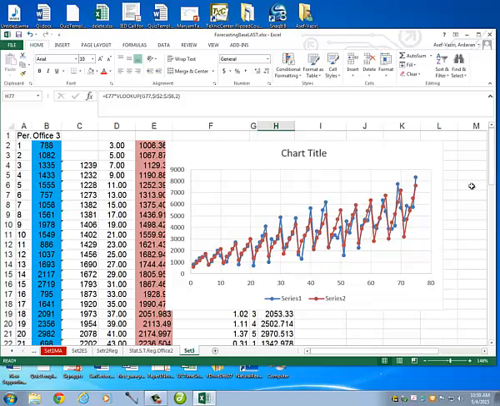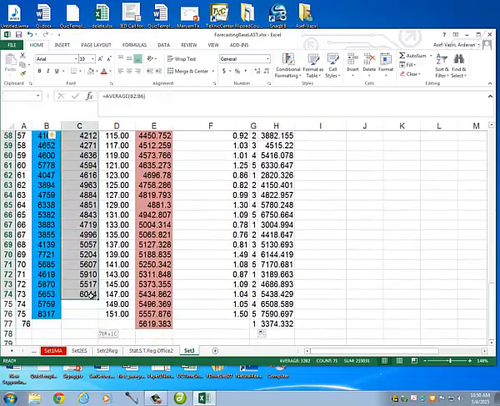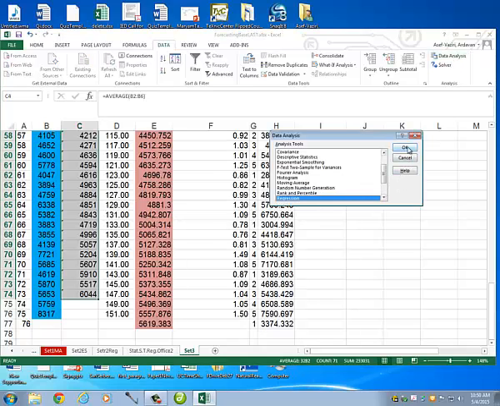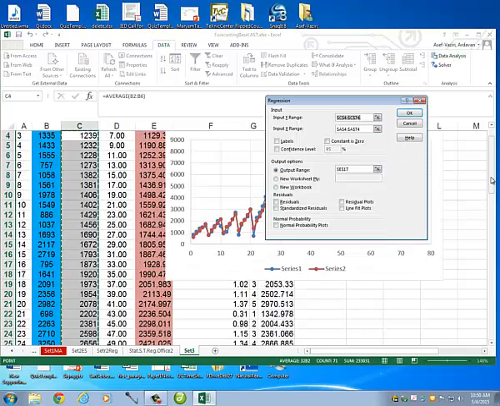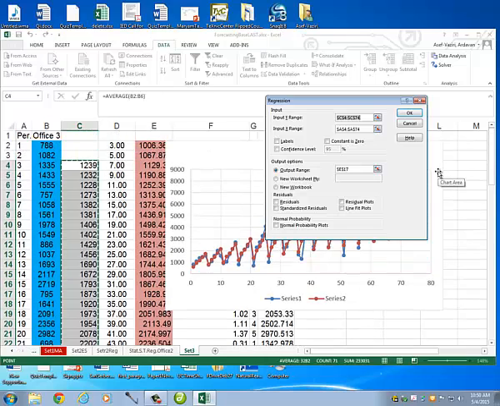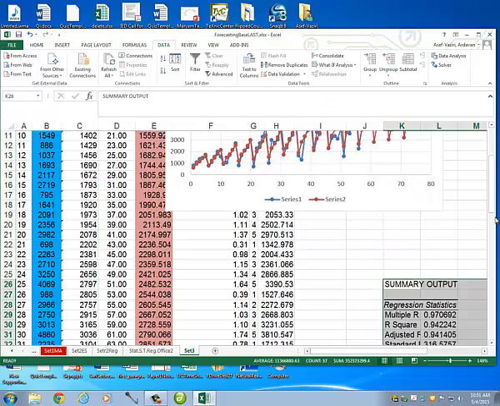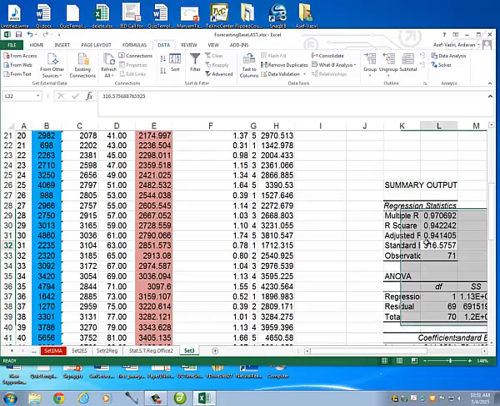If I wanted the standard deviation, that would be the standard error. Remember, we got the standard error. Data analysis, regression. We have these as our Y's. We have our X's, which are in column A. Remember this standard error?